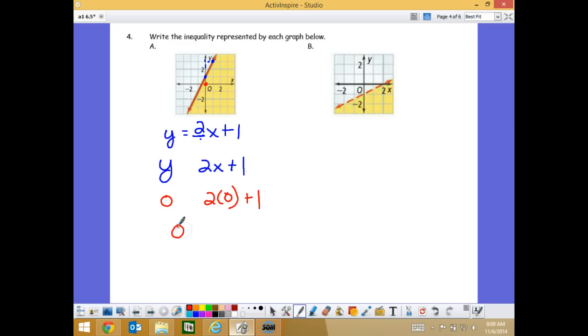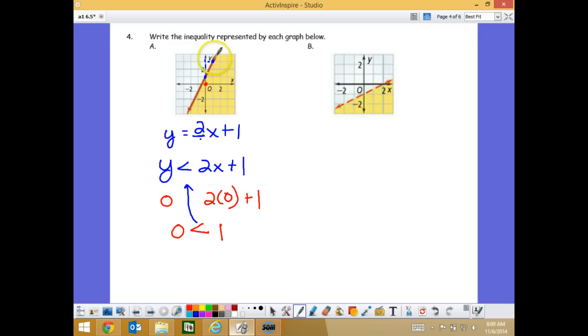Okay, so when we simplify this right side, 2 times 0 is 0, plus 1 is 1. And how does 0 compare to 1? 0 is less than 1. So that's the inequality that goes up here, less than. And then all we do is look at the boundary line to determine whether it should just be less than or less than or equal to.